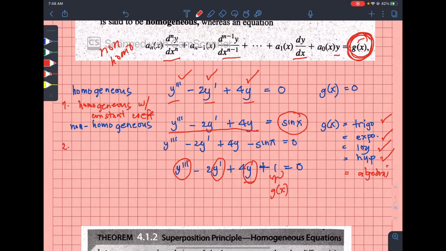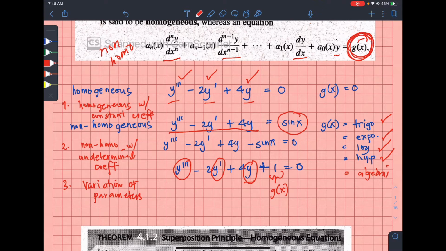While if we have non-homogeneous, we use non-homogeneous with undetermined coefficient. This is used for non-homogeneous equations. And the last method, which is the variation of parameters, is used as well for non-homogeneous differential equations. So in short, there is one method in solving homogeneous equations, and there are two methods in solving non-homogeneous equations.